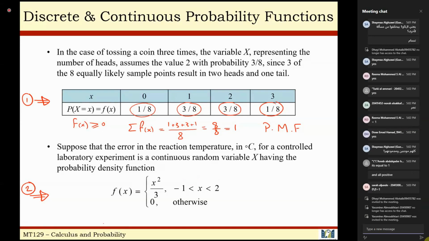So we have continuous. f of x, this f of x, x square over 3 always positive. هذا دائما موجب لأنه x square over 3. x square positive, 3 positive. Positive over positive, positive. Okay? Now, the integration.